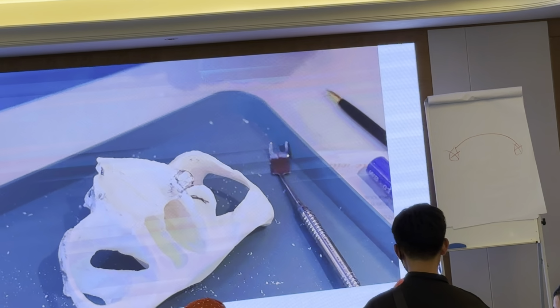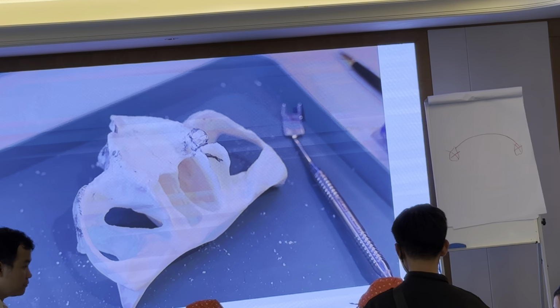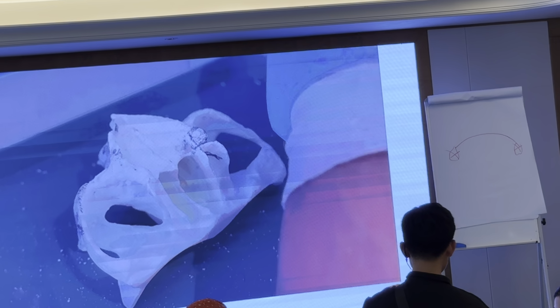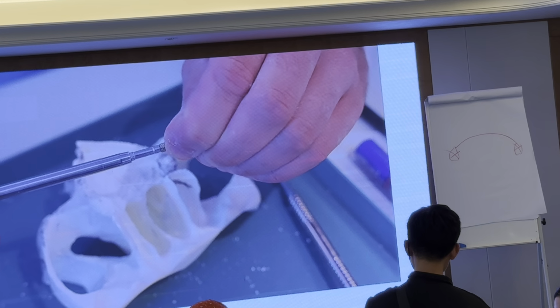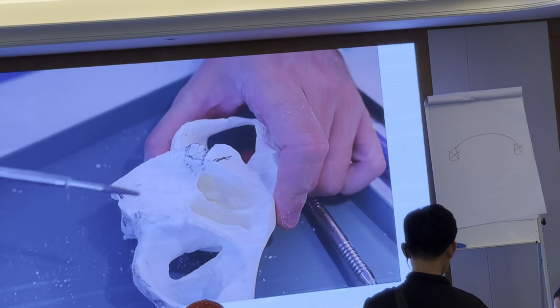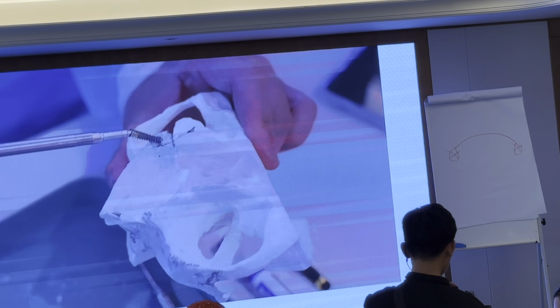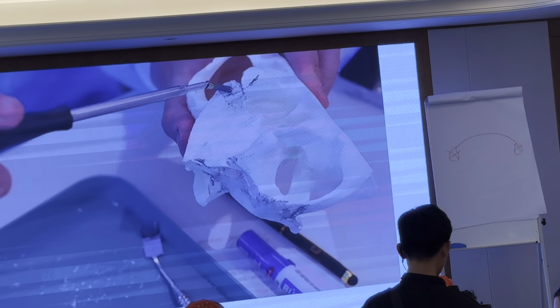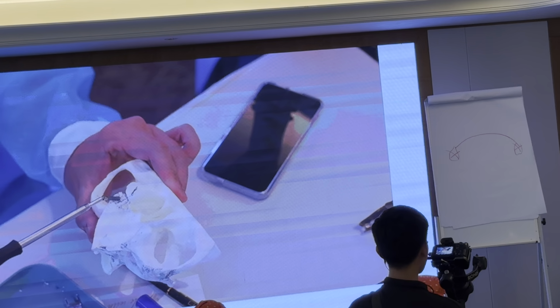Then I take my hand surgical driver, I take my pterygoid implant this way, and I start inserting the implant. First of all, look, this is important. Look at my finger, the hand. Okay, good.